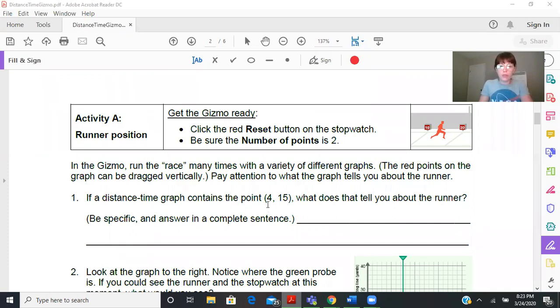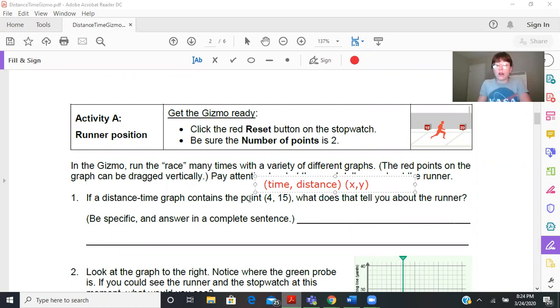Remember that if it is an x coordinate, it is talking about time. And if it's a y coordinate, it's talking about distance. So that would be my ordered pair. The time would be x and the distance would be y.